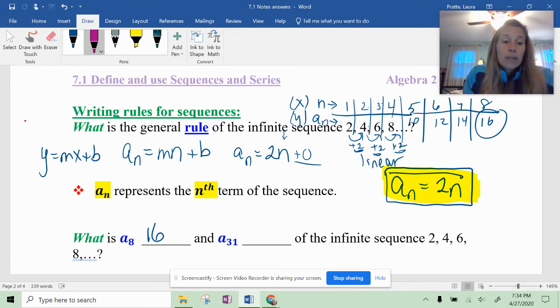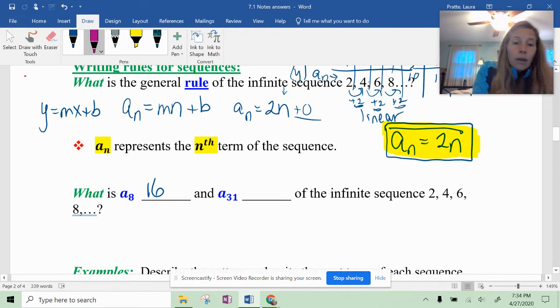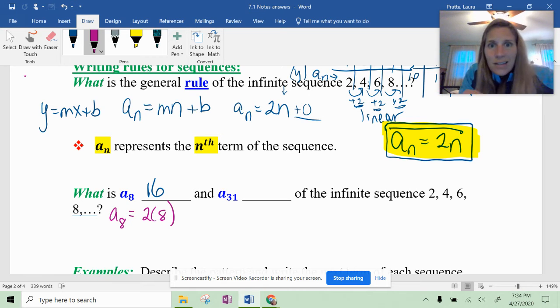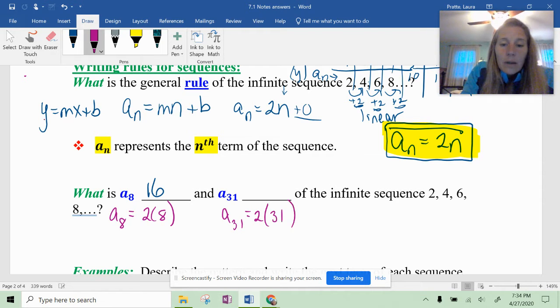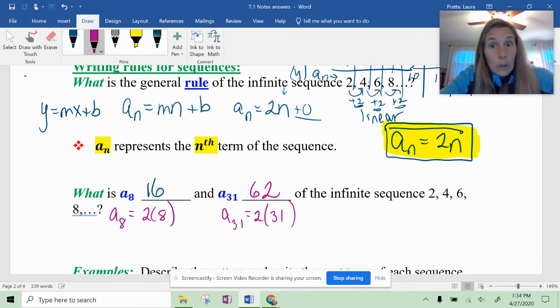So even though we just figured out a sub 8 using the chart, if I just did 2 times 8, what do I get? 16. That's a lot easier than going 2, 4, 6, 8. Now, if I want to know a sub 31, all I have to do is 2 times 31. That will tell me my 31st term in the sequence, which of course is 62.